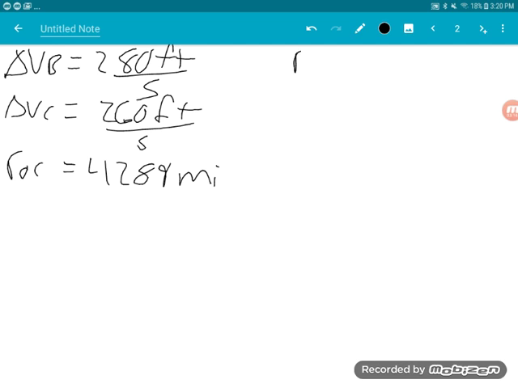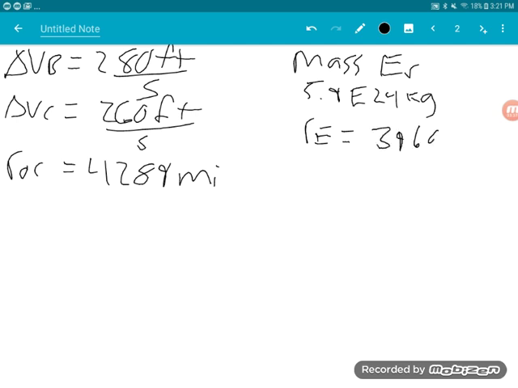In case we need it, the mass of Earth is a very large number, 5.9e24 kilograms. The radius of Earth is equal to 3,960 miles. Now, I don't know if we're going to need this. Oh, the gravitational constant.